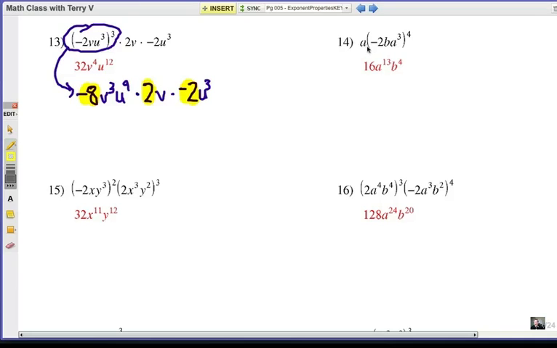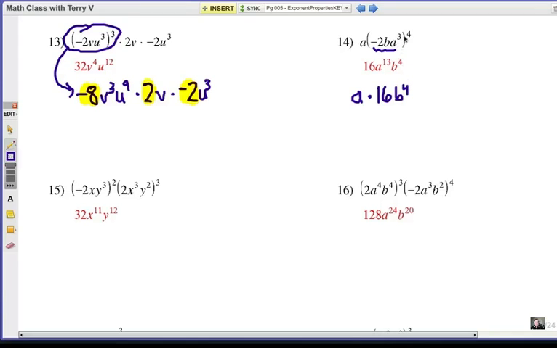All right, look at the next one. There's an a on the outside times this parentheses group raised to the 4th power. So we have a power of a power, and that -2 is raised to the 4th power. So -2 times -2 times -2 times -2. That would be 16, positive 16. b to the first raised to the 4th power would be b to the 4th.